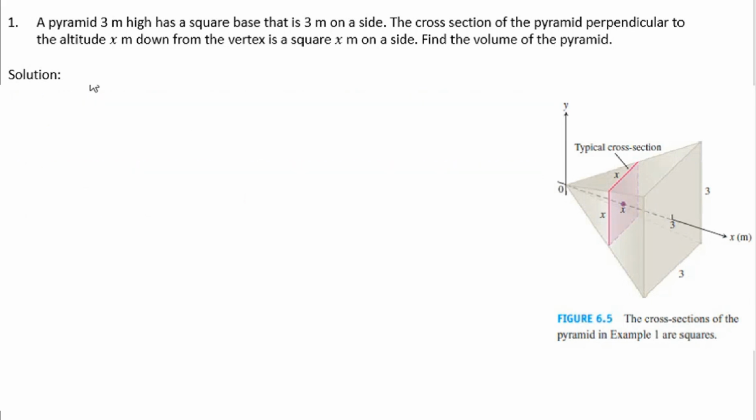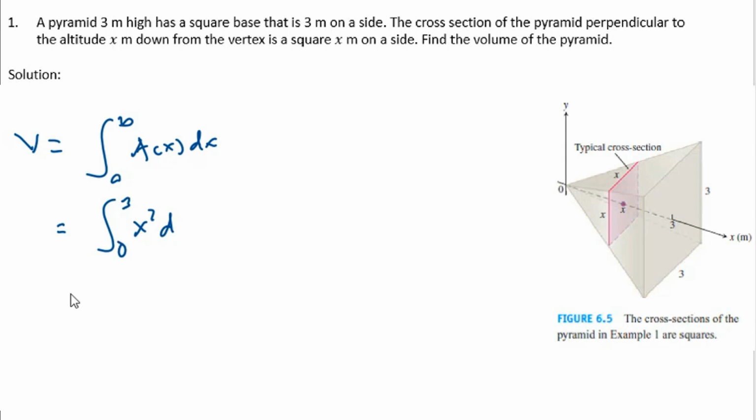Let us solve. The volume is equal to the integral of A of x dx from a to b. From our problem, the cross section is a square, so the formula will be x squared. We can write x squared dx, where x squared is the meaning of A of x, and then from the interval a to b, which is now from 0 to 3.